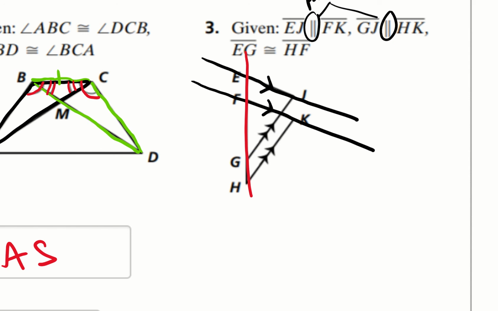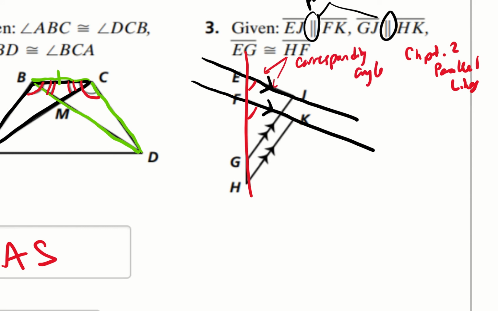This is chapter 2, when we did parallel lines. So we know that this angle has to be congruent to this angle because those are corresponding angles. And so corresponding angles have to be congruent.